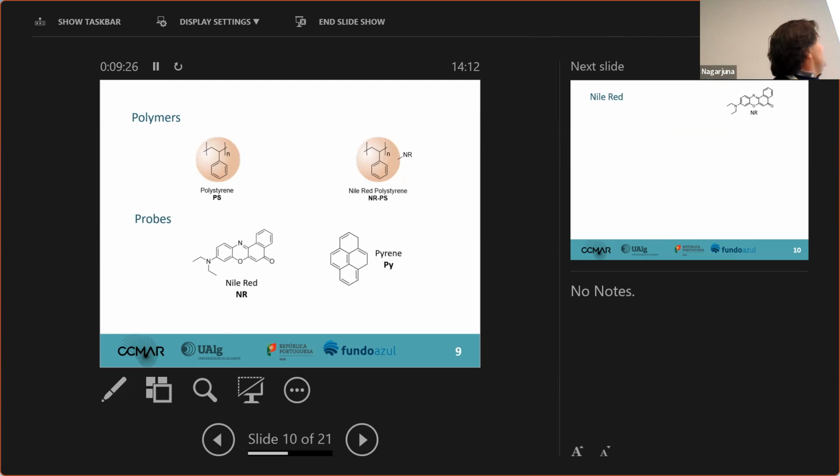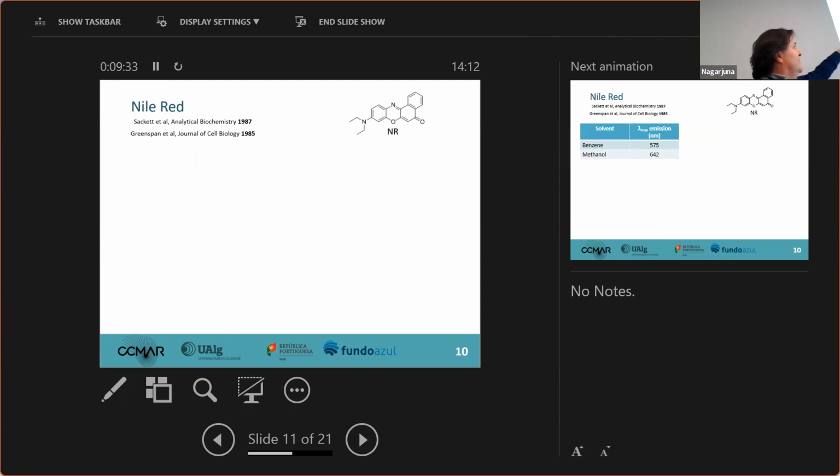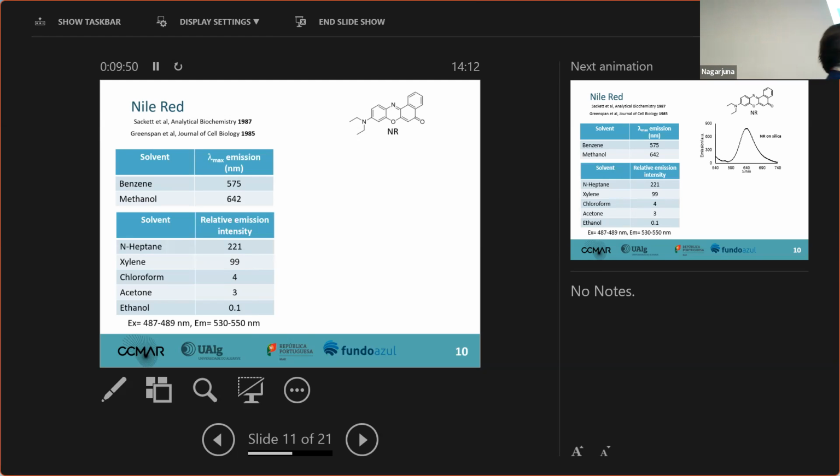So what we know about Nile Red is in these two papers from the 80s. It is a well-known polarity probe from the photochemistry community. I'm originally a photochemist, that's the reason why I know this. There are two very important things we know about Nile Red. First, the maximum emission is sensitive to the polarity of the solvent.